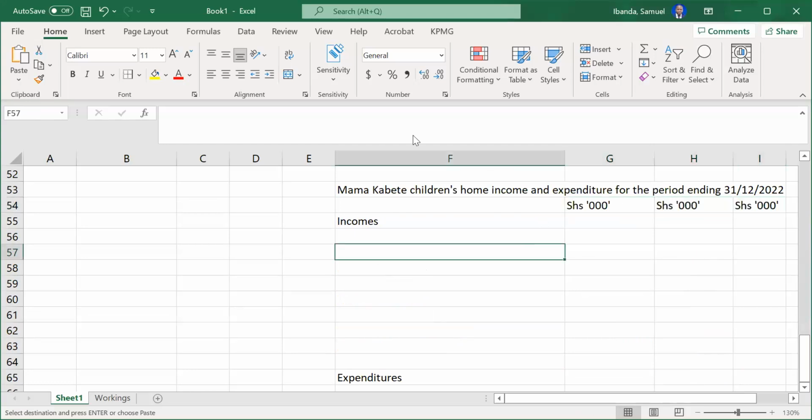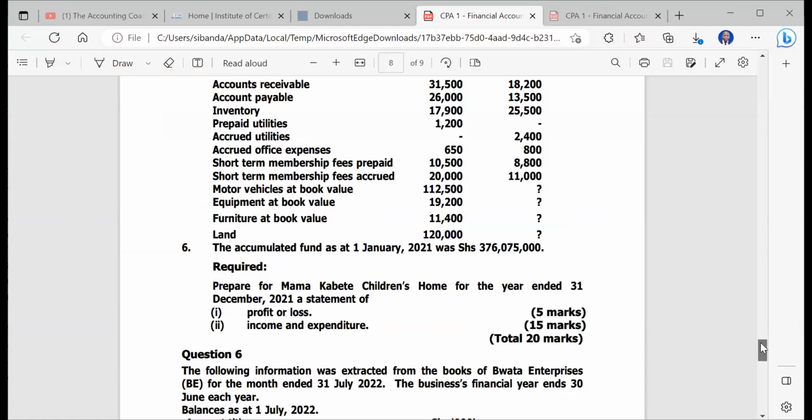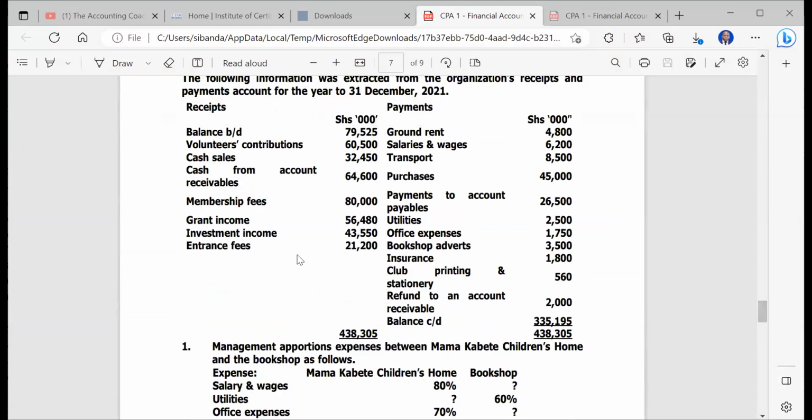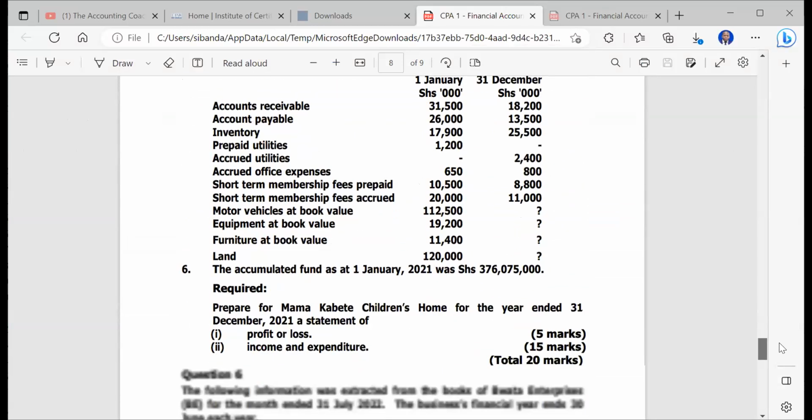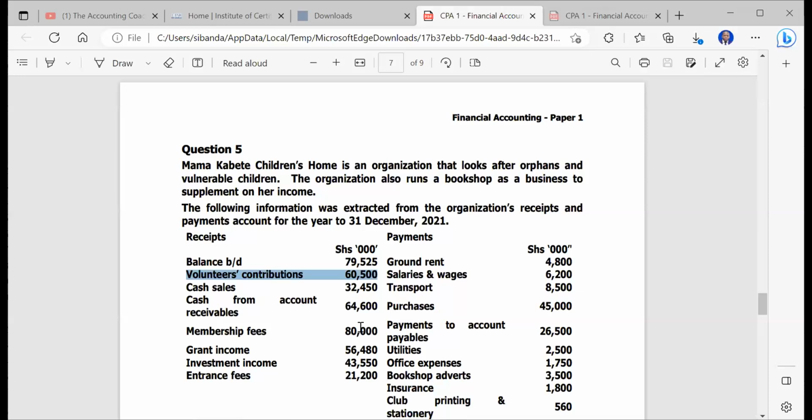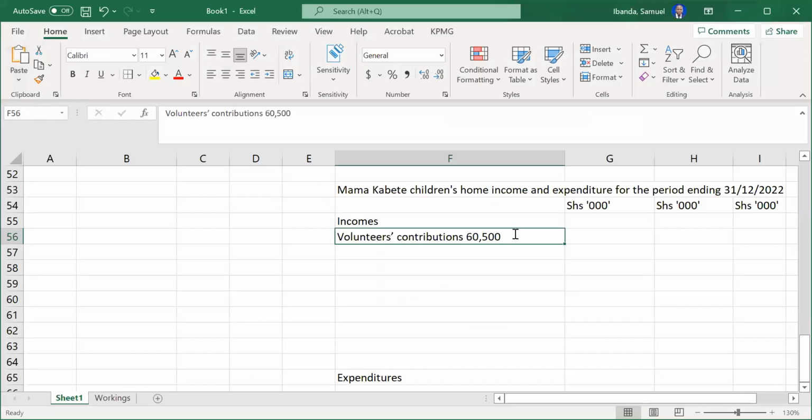So your role is to just go here and look for the incomes and expenses. Incomes are usually here. Like you can see, volunteers' contribution is this value. Now, if you look at an item here and there is no additional information affecting it, just move it directly into your income and expenditure. So I'll come and record that income here.